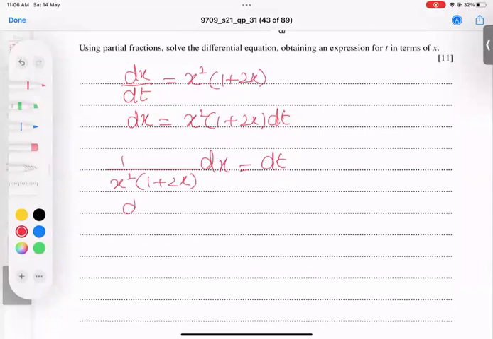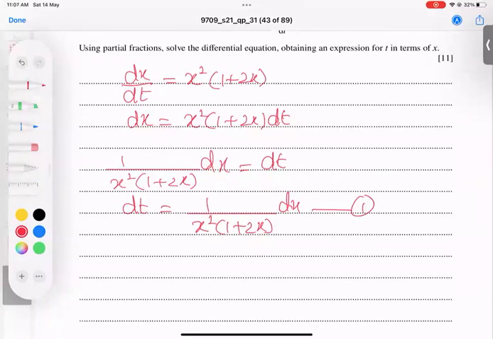So switch the sides, dt on the left hand side goes to the right hand side. Logic is very clear: I need to make T the subject, so T should be on the left hand side. So I stop here, equation number one.